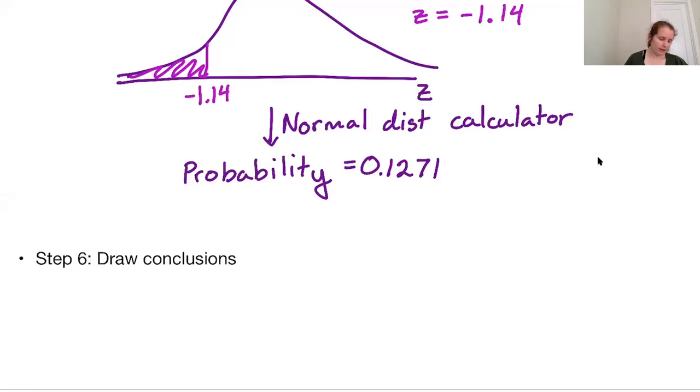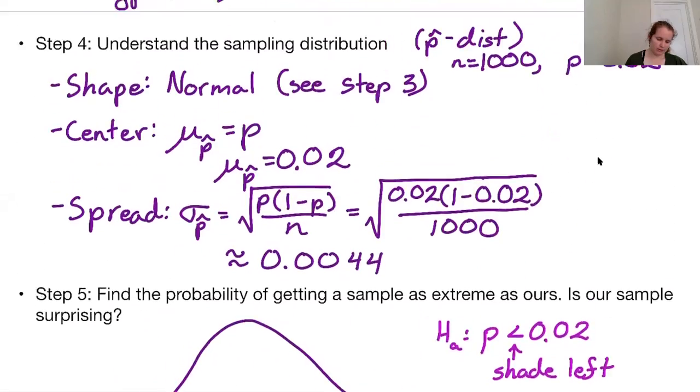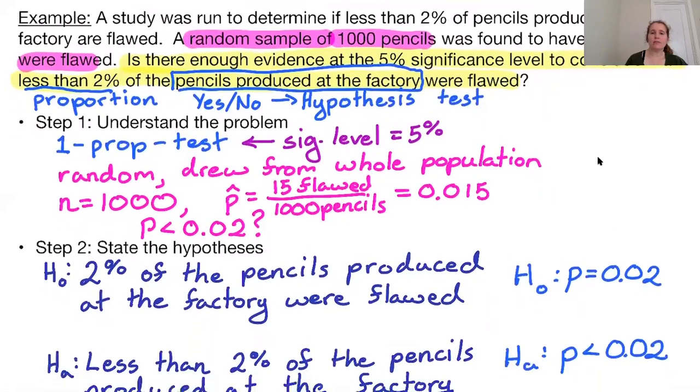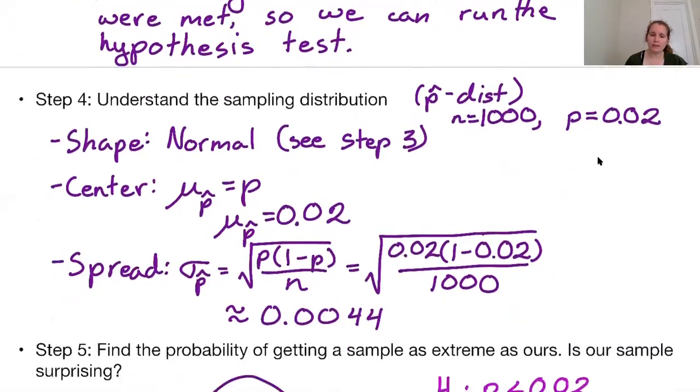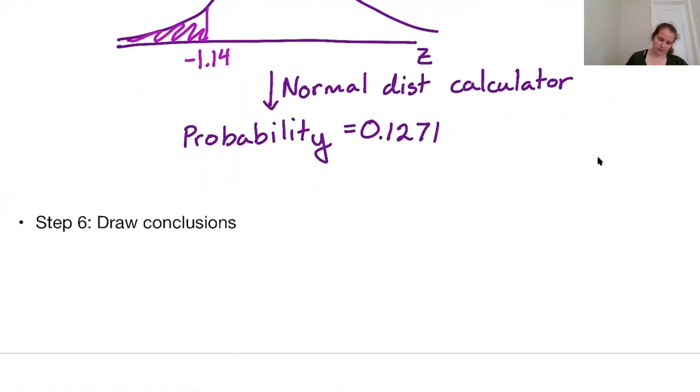We were looking at a significance level of 5%, I believe. Let's check. Yeah, so we were looking at a significance level of 5%. So that is our cutoff for what is deemed surprising. So this is otherwise known as 12.71%.